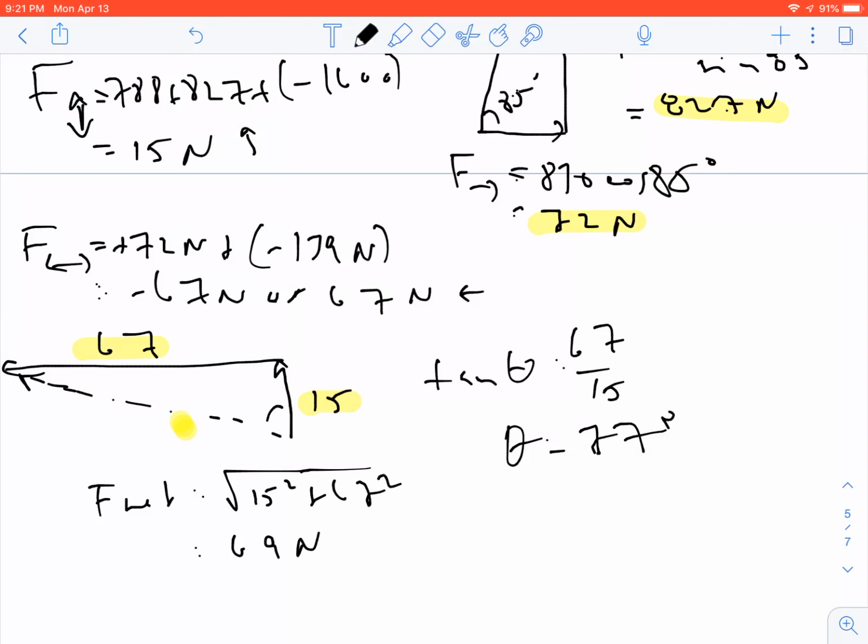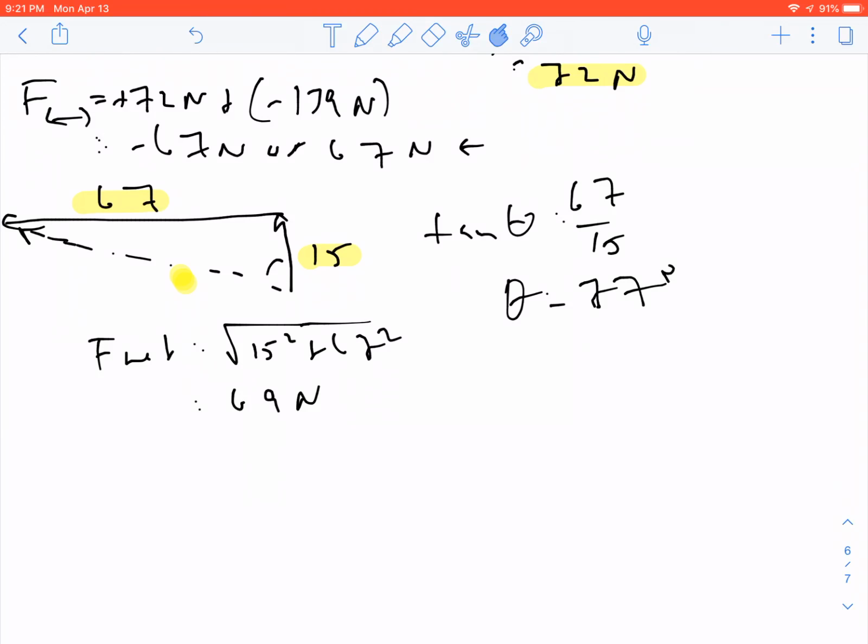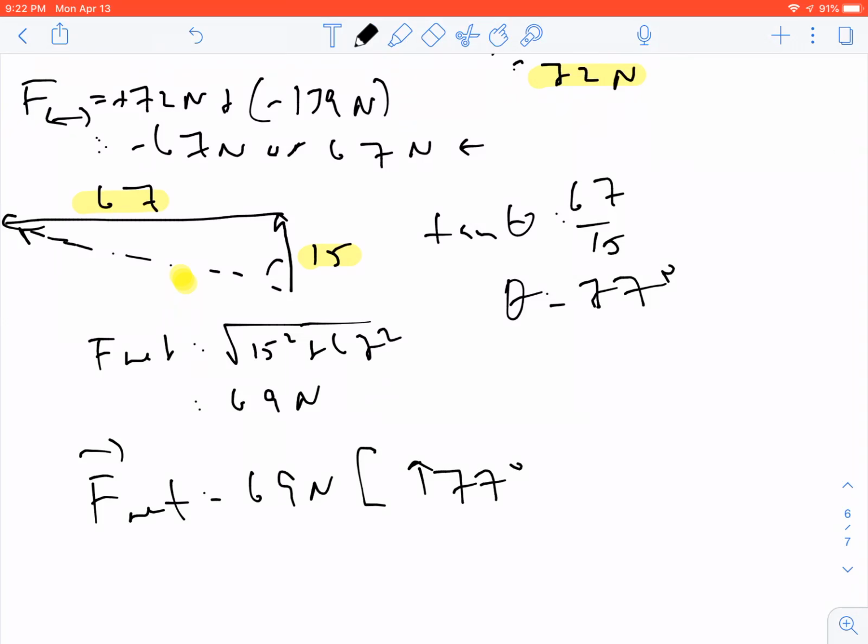So now, if I look at my Fnet as a vector quantity, it's 69 newtons in a direction which is up 77 degrees left. Look straight up and then rotate to the left.